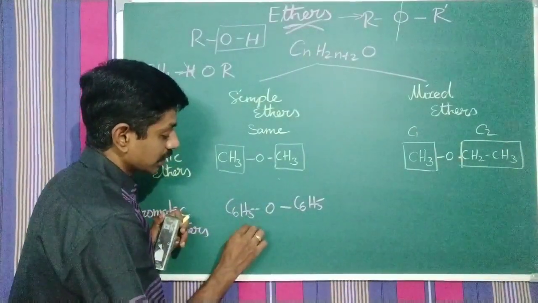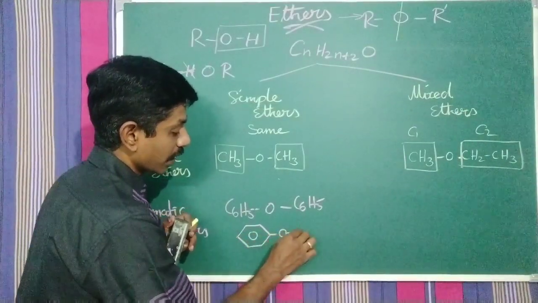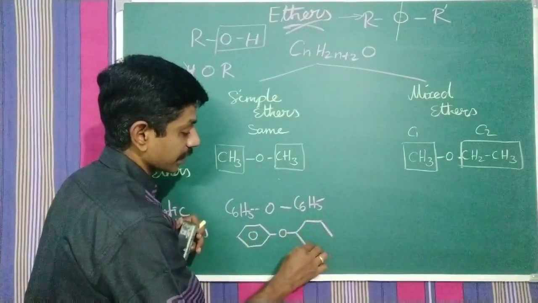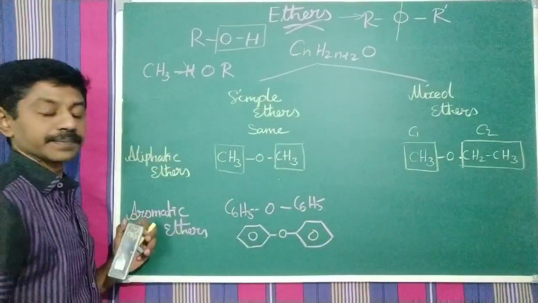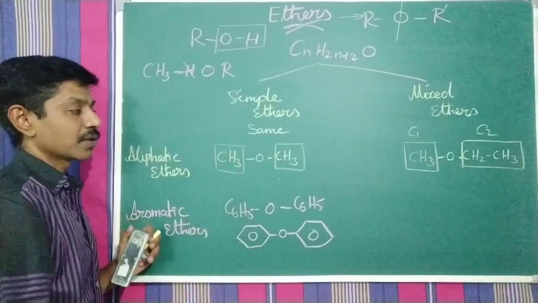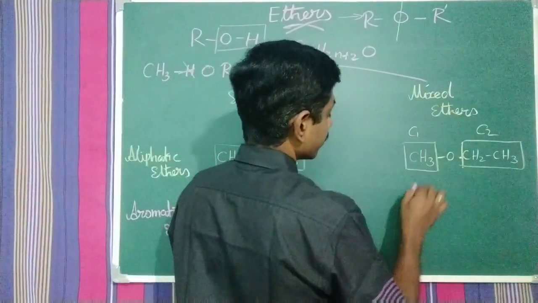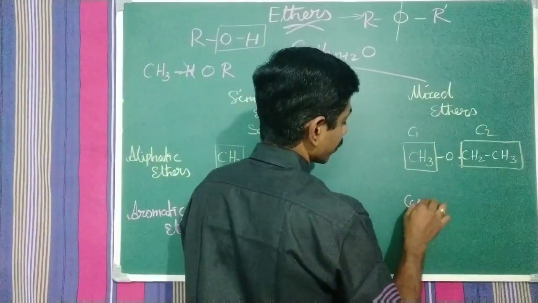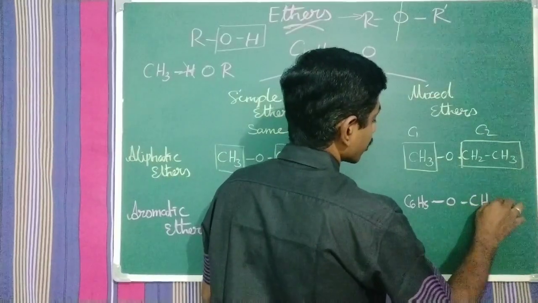Or else you can draw the structure like this: a benzene ring, O, again attached to a benzene ring. Diphenyl ether. I am talking only about the common name; let us discuss the IUPAC name later. And in mixed ether, I can give you one example, C6H5-O-CH3.